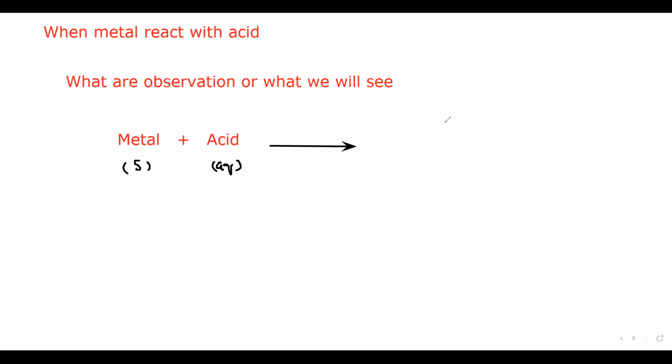Now acid plus metal, this will give salt plus hydrogen. So the salts produced here are normally soluble salts, aqueous or dissolved, and hydrogen is a gas.